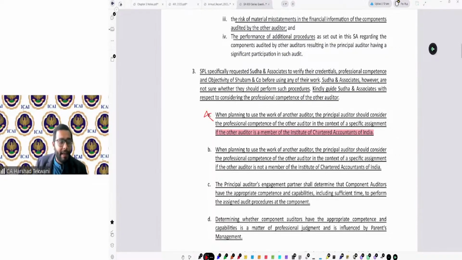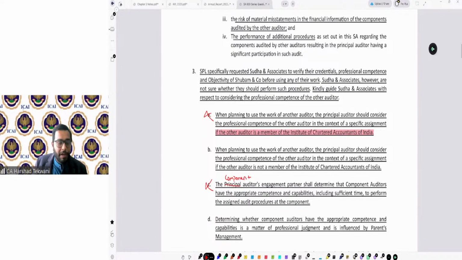The principal auditor's engagement partner shall determine the component auditor has appropriate competency, capability, including sufficient time to perform assigned audit procedures at the component. That is required to be seen by the component auditor's engagement partner, not the principal auditor's engagement partner. And hence, C is also incorrect.